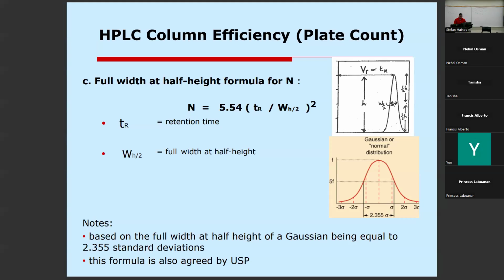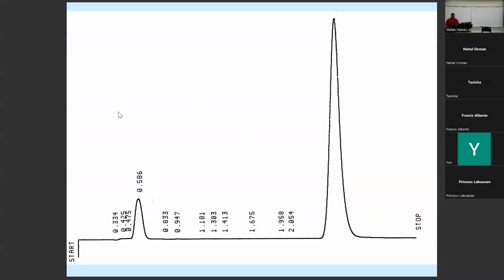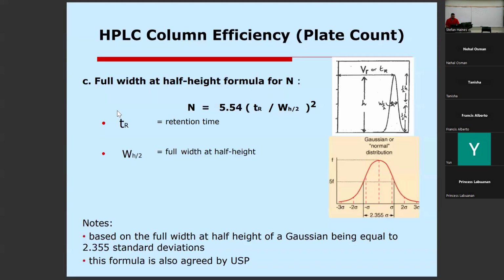All right, let's go back here. So another formula, formula C, and then finally we get to the last formula, with the same picture again. Full width at half height would be halfway up the curve.